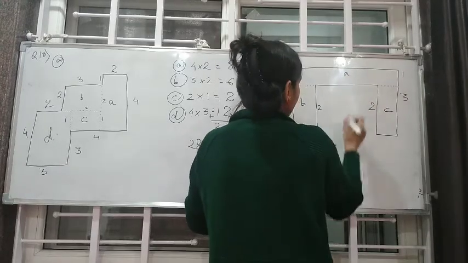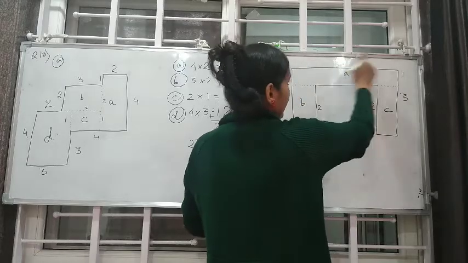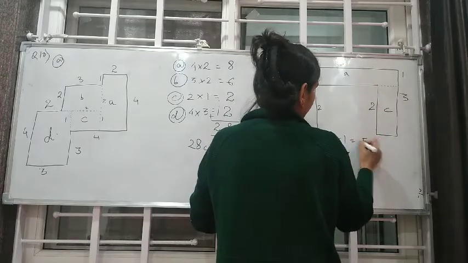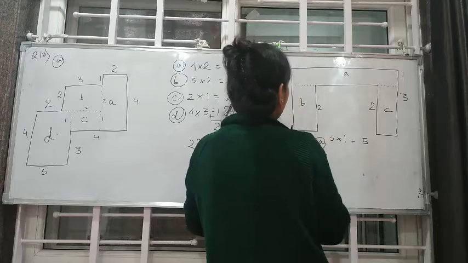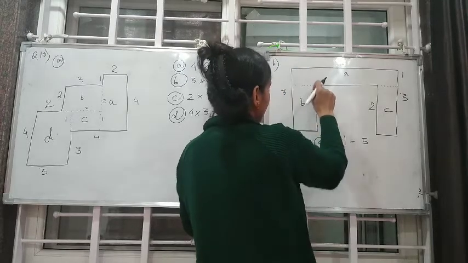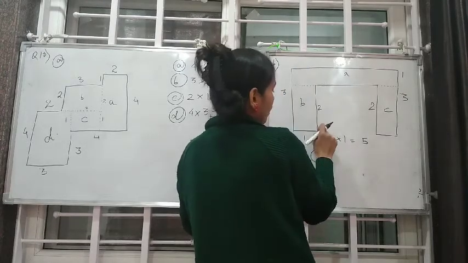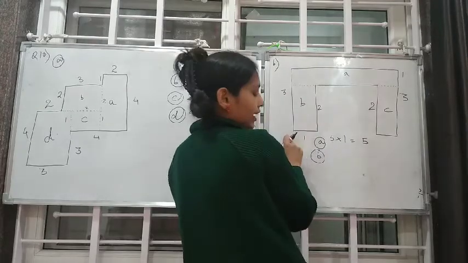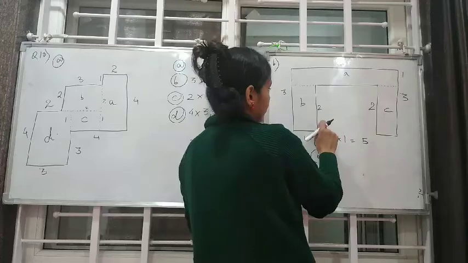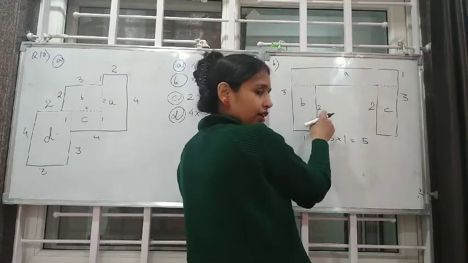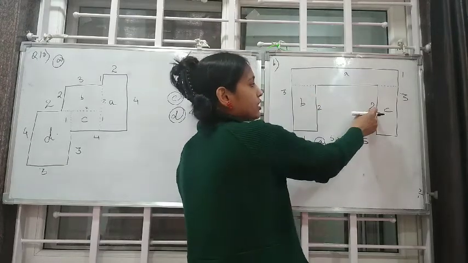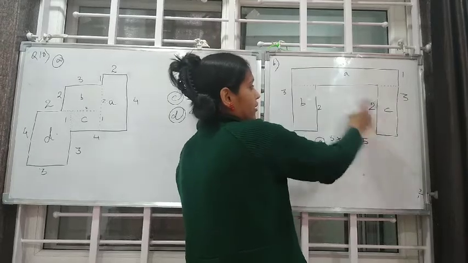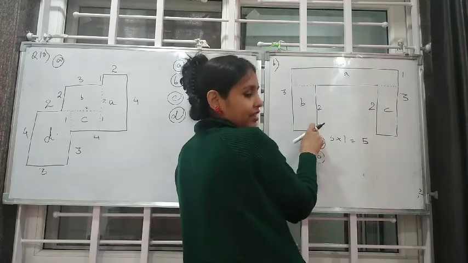So A is 5, length into breadth. 5 ones are 5. B is again length into breadth. What is the length? 2 and breadth 1. This 3 is not this much. This 3 is for entire. Okay. So we take the distance, it is already mentioned. So no need to worry because this side is mentioned. And these two sides, it can be seen that they are equal.